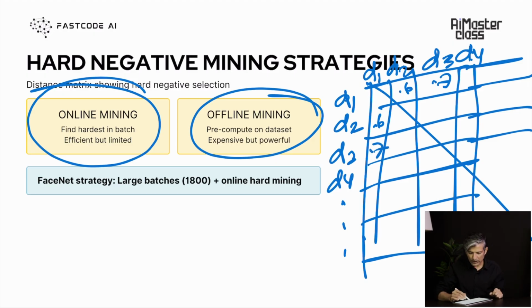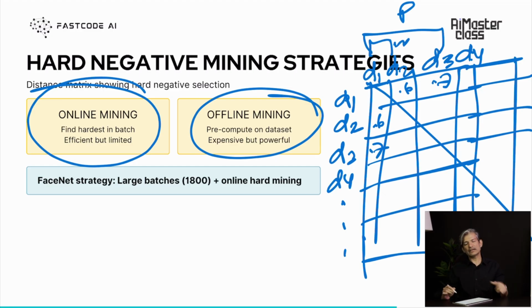Now we will know from our data set that D1 and D3 are positives, but D1 and D2 are negatives. Then we can do a lookup in this matrix over the entire data set, and choose to mine our negatives based on whichever are the hardest, wherever the distance is the maximum, and so on.